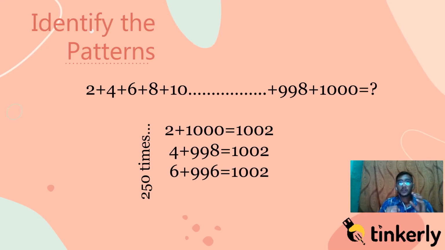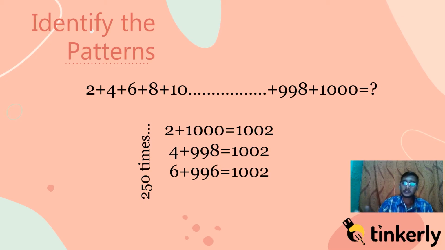How did you do this? This is pattern recognition. You recognize the pattern: 2 plus 1000 is 1002, 4 plus 998 is also 1002. So this is the second stage of problem solving skill, pattern recognition.